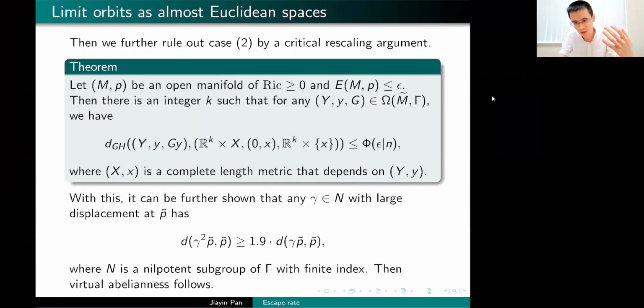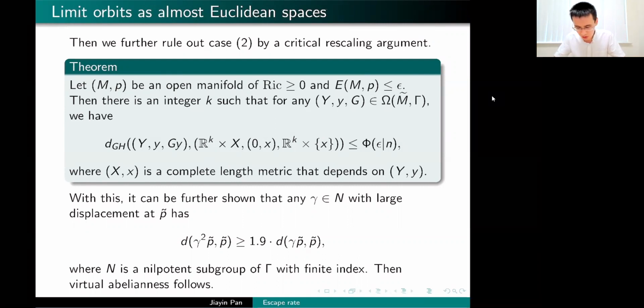Then you go back to the manifold at large, and you can show that any element inside capital N with large displacement also acts as almost translations, in the sense that the length of gamma squared is very close to that of gamma. Then this will imply the virtual abelianness. So that's roughly the sketch, all right?